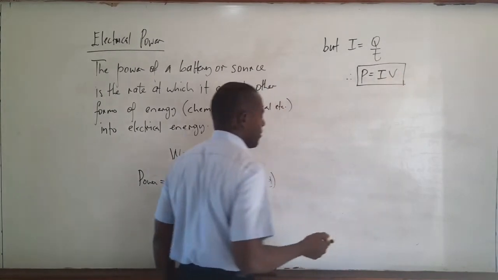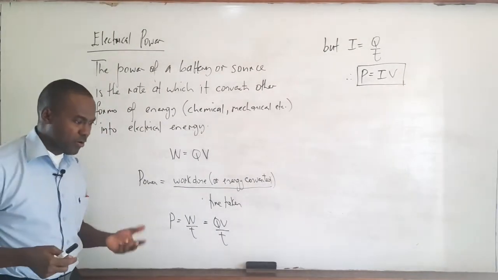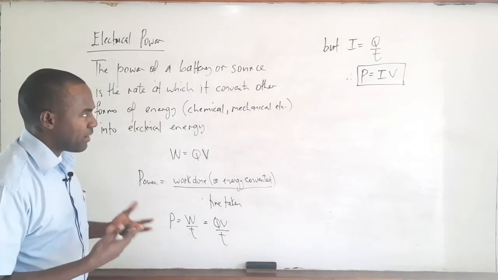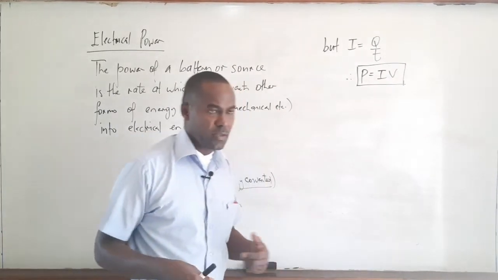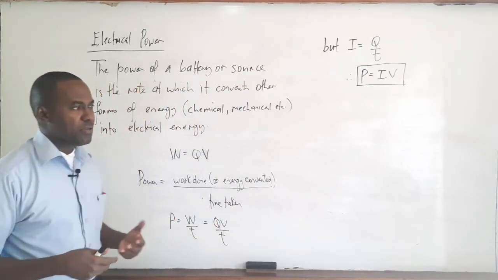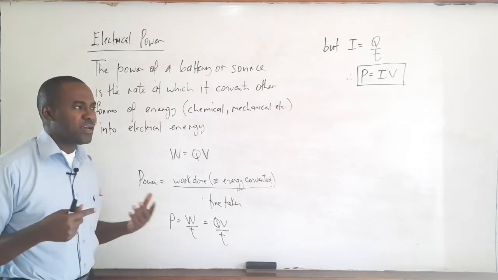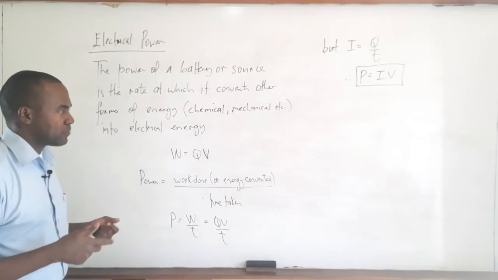What that formula shows is that if we know the current flowing and the PD across the device, we can calculate the power. If it's a battery, we can calculate the power being delivered to the circuit. If it's some other device which is using up electrical power, we can calculate the power being dissipated in that device.